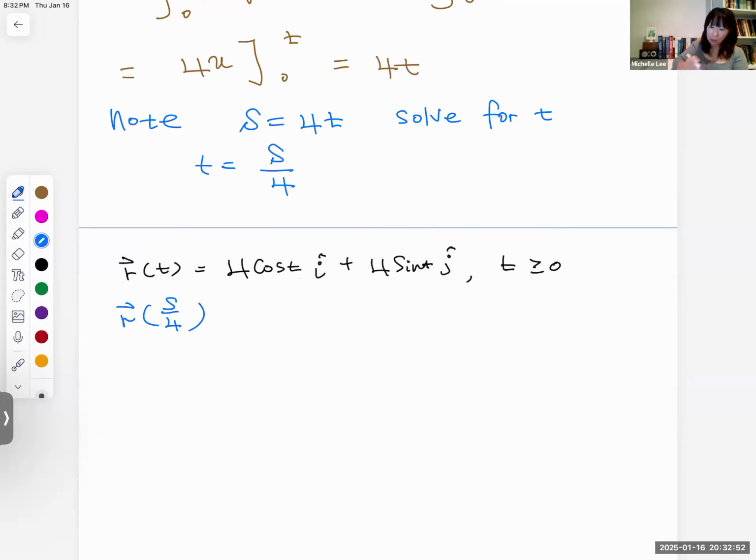So that is 4 cosine s over 4 i hat plus 4 sine s over 4 j hat.